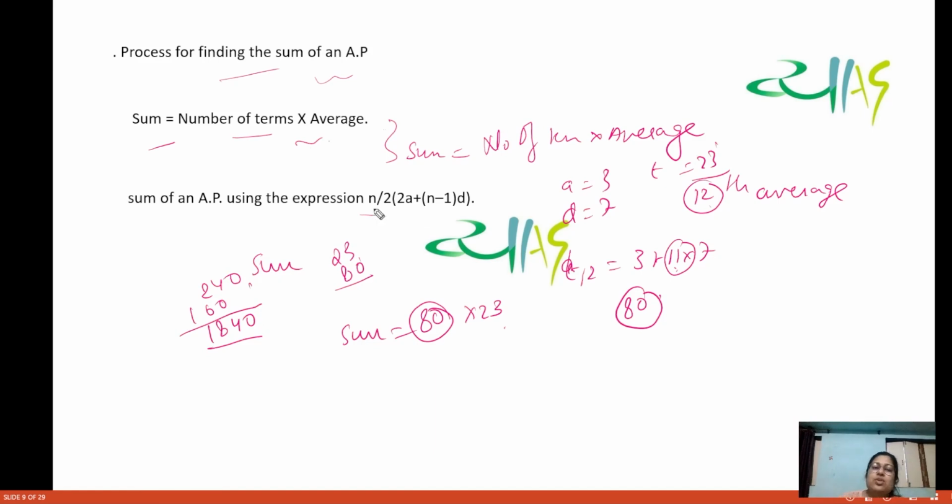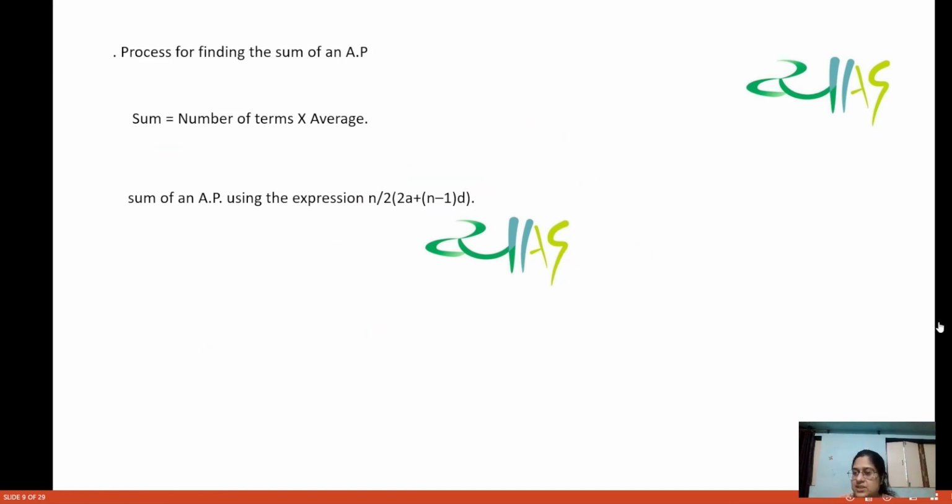Now see, you can do this by the expression as well. Let us check by this. So you have n by 2, 2a plus n minus 1 into d. So n is what here? N is basically 23. Previously we took T23, we took A as 3, we took D as 7.